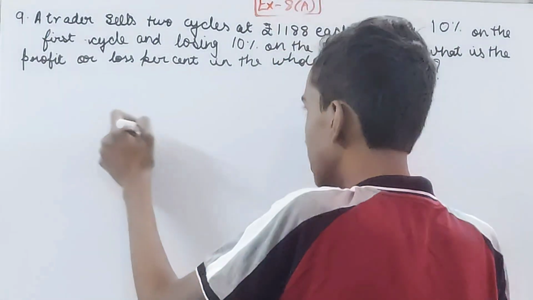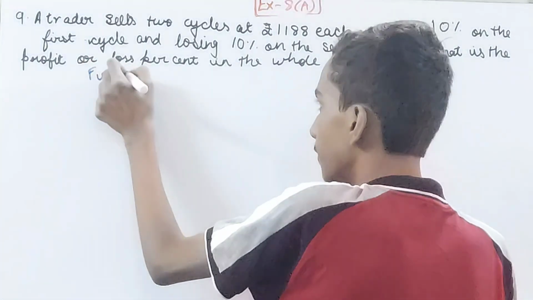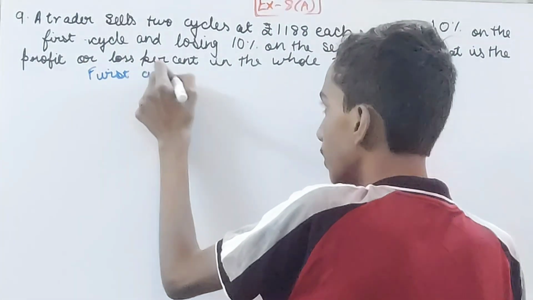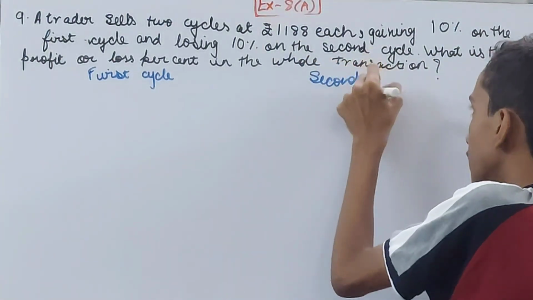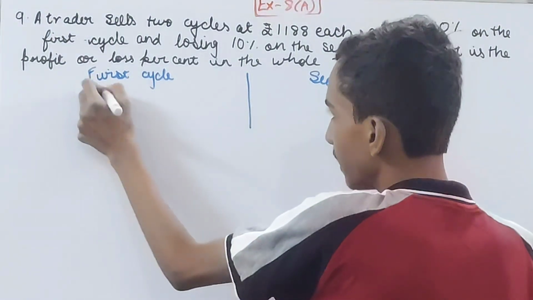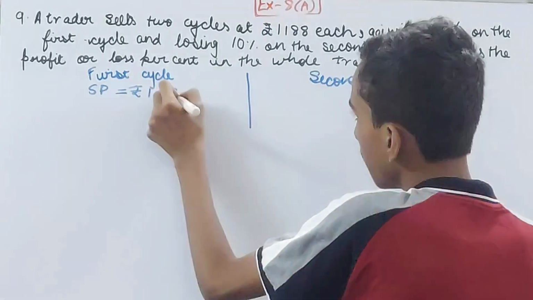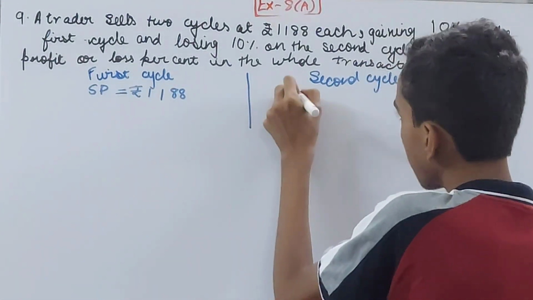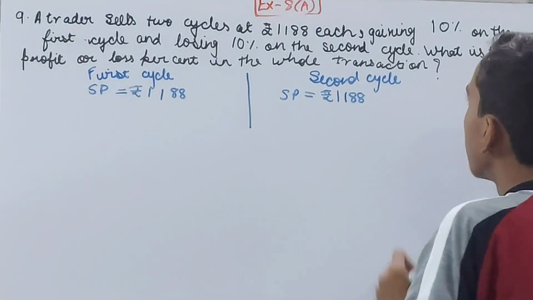We compare both the cycles side by side. We'll write here first cycle, and this will be the second cycle. Now the selling price is the same here, rupees 1188, and the selling price here also is rupees 1188.